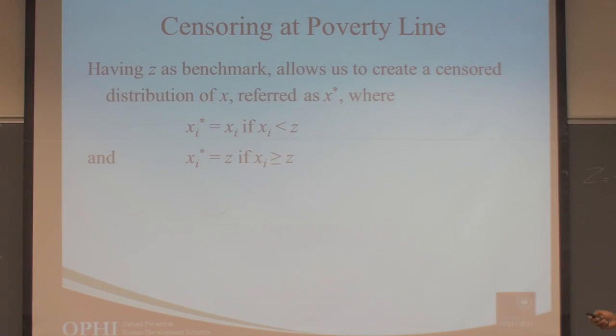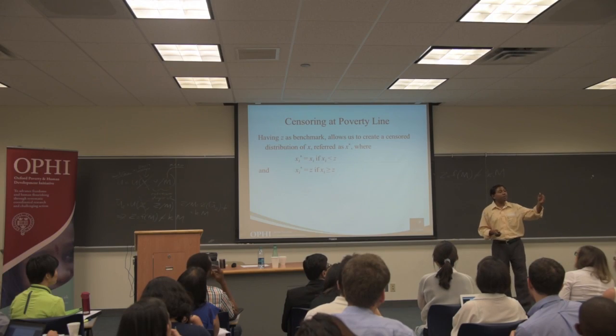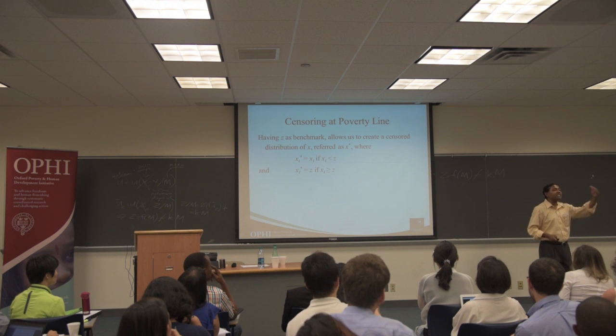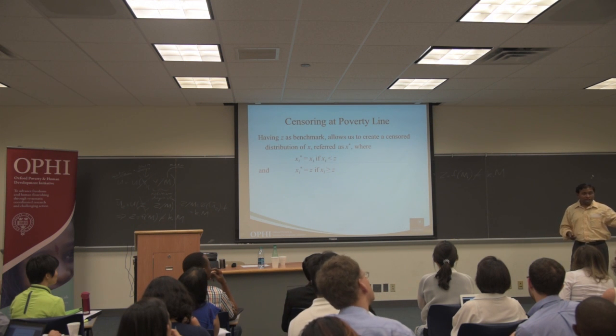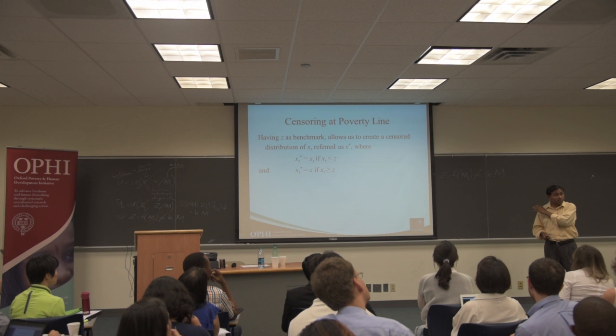Okay, so this is the censoring part. As I said, one of the main aspects of poverty measurement is that you want to focus on those who you identify as poor or deprived. So what you do, you assume those who are on or above the poverty line have already achieved the threshold. You do not drop them from your analysis, so you don't truncate the distribution.